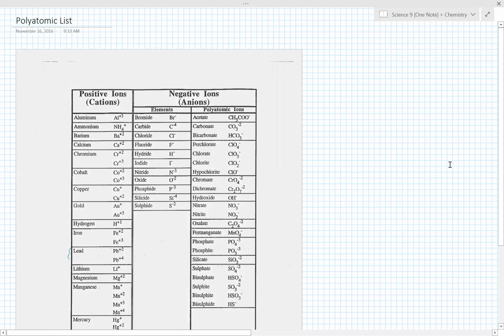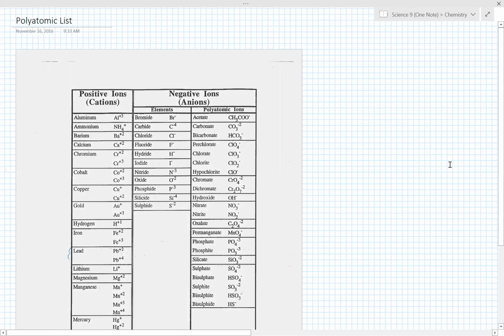Second step is the LCM, which is 2 and 2. Third step is you multiply both of these by 1. And so in this case, using these numbers, it would be copper 1, oxide 1. So this would be step number 4.